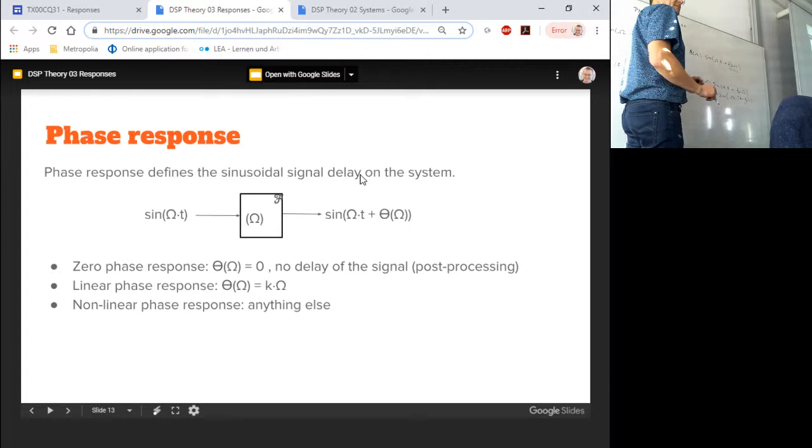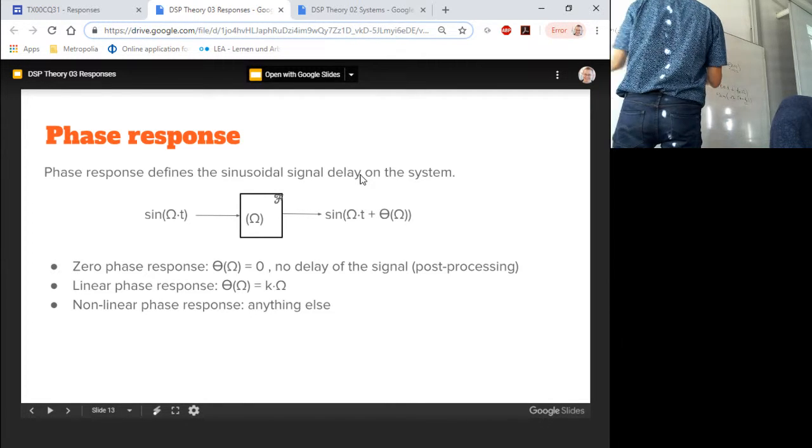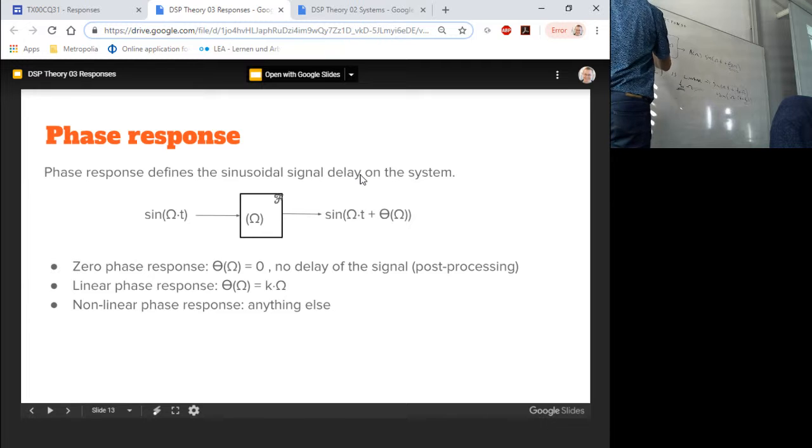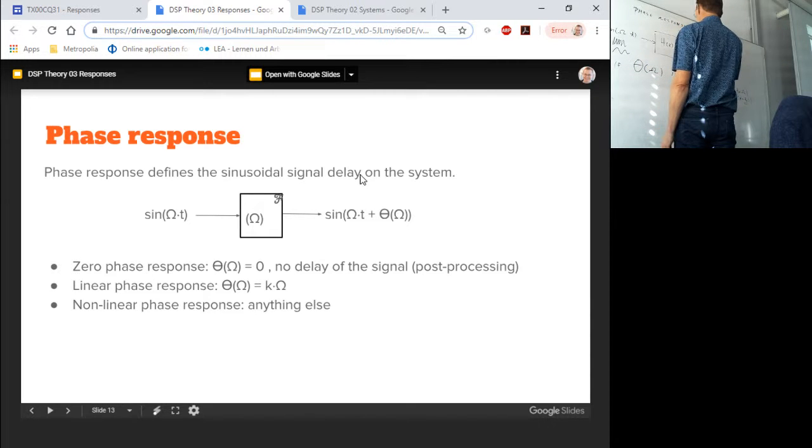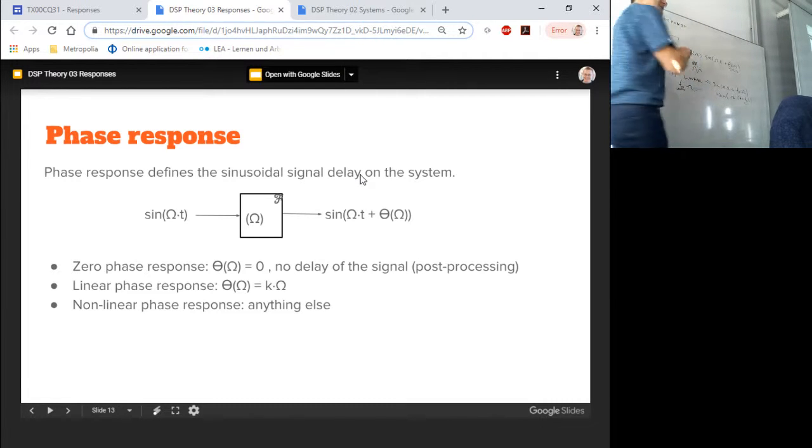Linear phase shift means constant time delay for all different frequency components. Meaning that if you have two different frequencies, they both get different gain, but they still appear at the same time on the output.